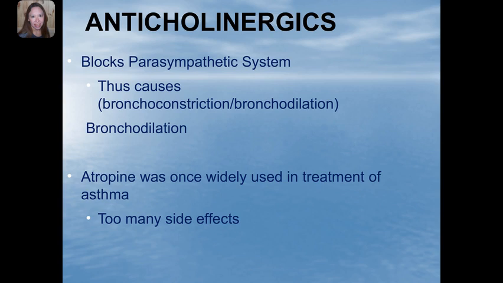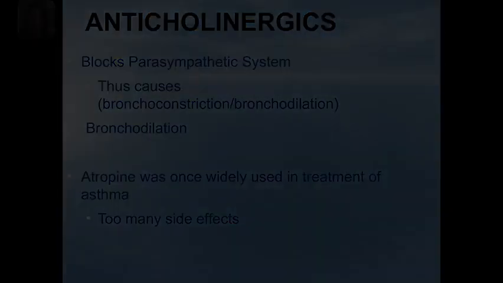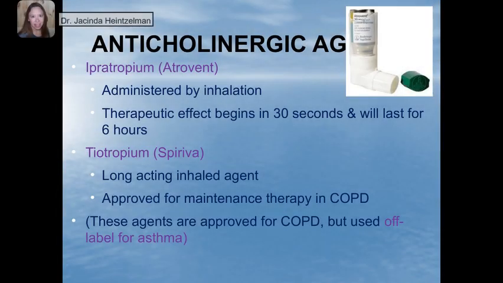Why? Because we're seeing too many side effects when the patient's taking an anticholinergic. In this case, these medications would be used to prevent an asthma attack from occurring. Other anticholinergic agents that are available to prevent asthma attacks are going to be Atrovent, Spiriva.